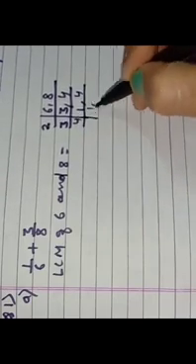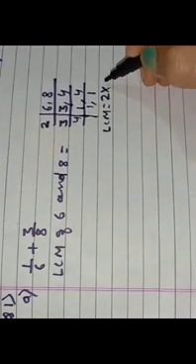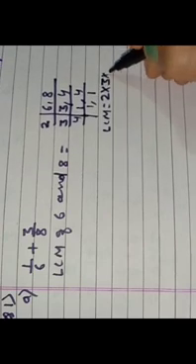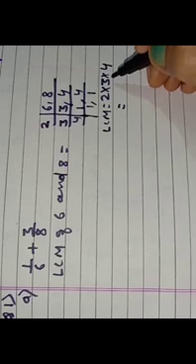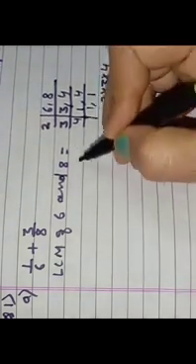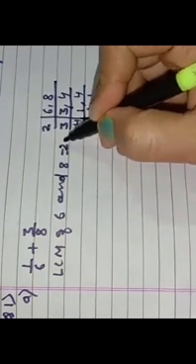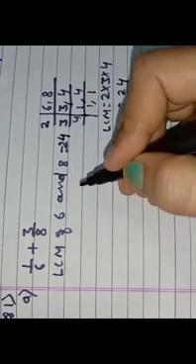Now 4 1s are 4. Okay. So LCM is equal to 2 into 3 into 4, which is 2 3s are 6 and 6 4s are 24. So LCM is equal to 24.